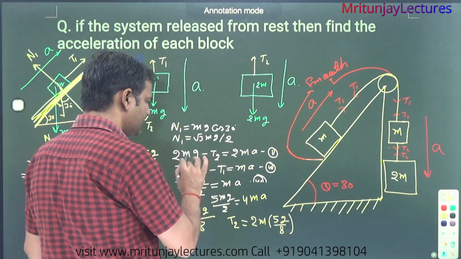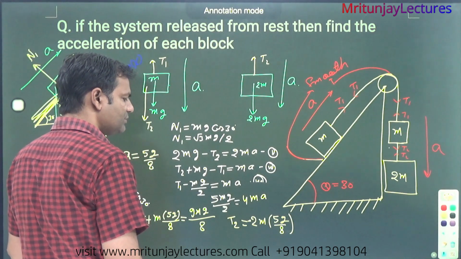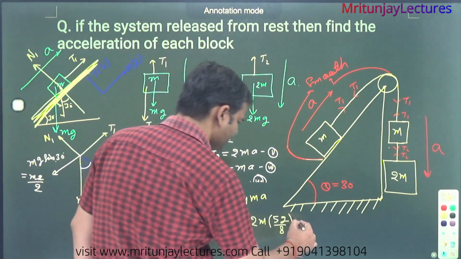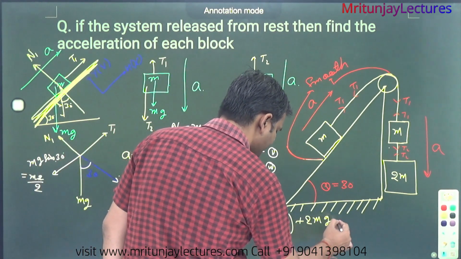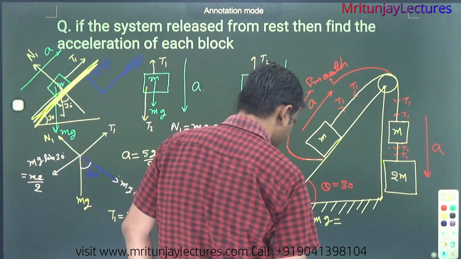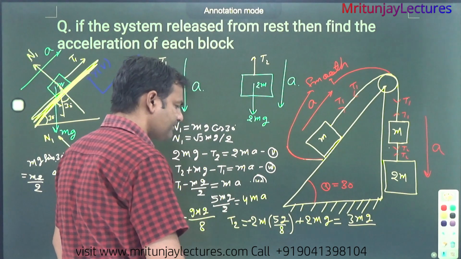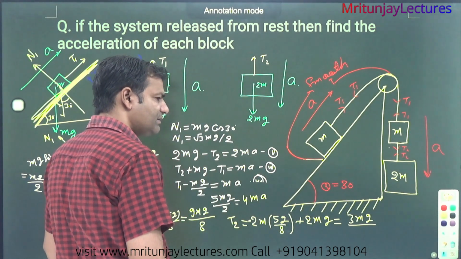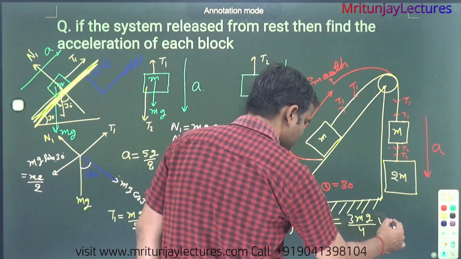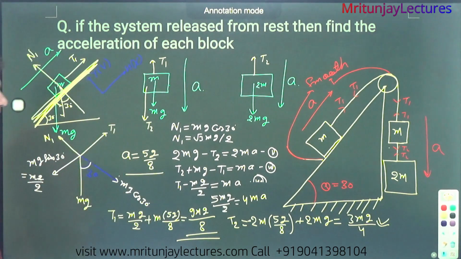T2 is written as 2mg minus 2m into 5g by 8, if this one is going downward. So that is 6 mg divided by 8, which means 3 mg by 4. That is T2. So T2 is like that, T1 is like that, and A is like that.